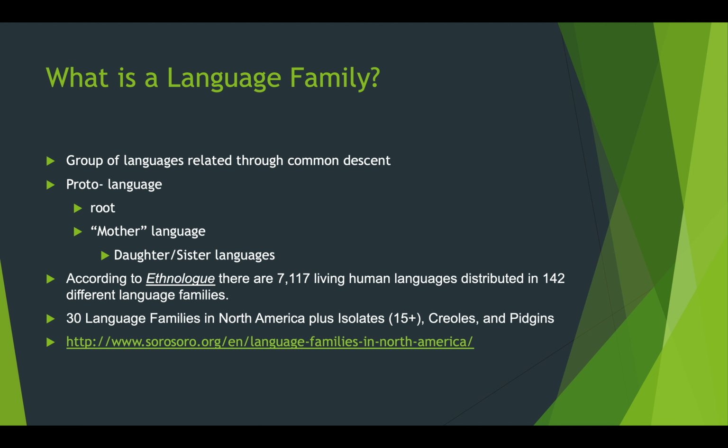And then we also have creoles and pidgins. So out of the 142 different language families in the world, about 30 of them are found in North America. And this is not including South America, just United States, Canada, and the northern part of Mexico.